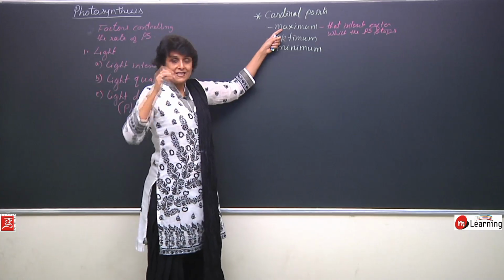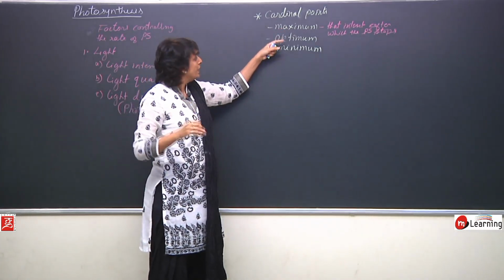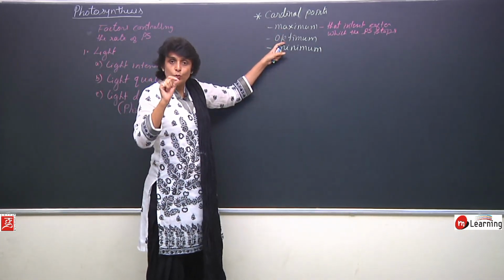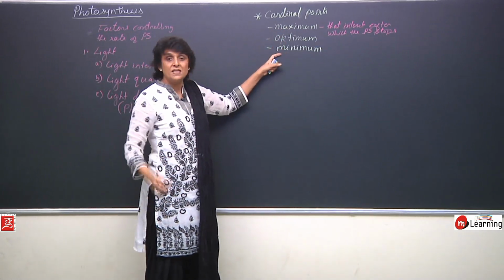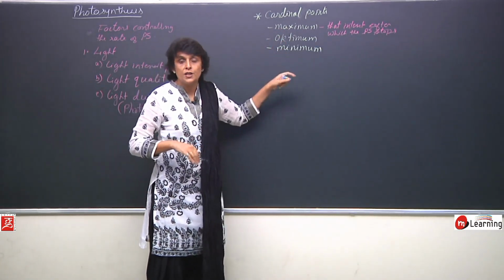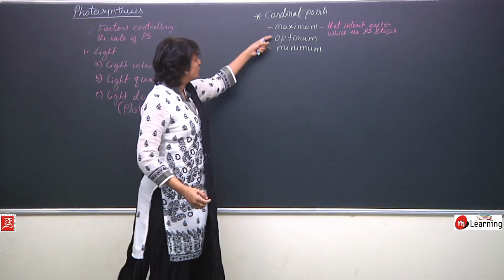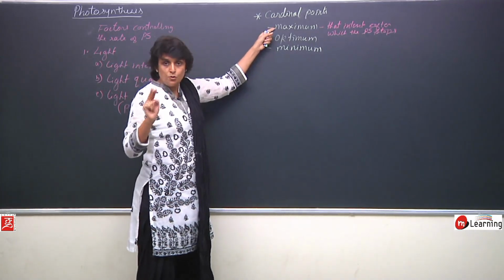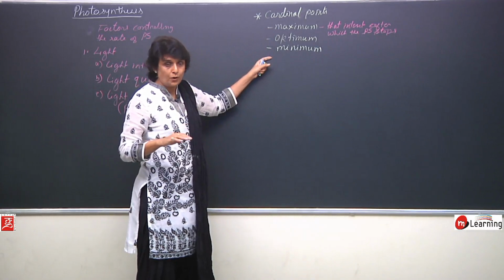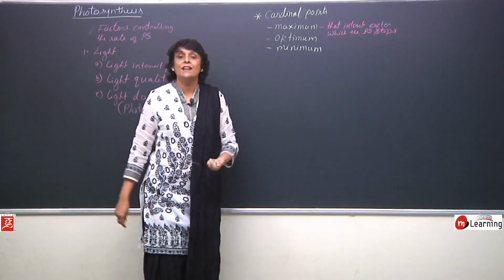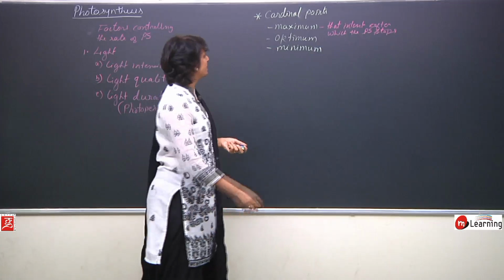So maximum is that higher value, optimum is that value where it is maximum, minimum is that lower value beyond which the process stops. So beyond maximum, no process, below minimum, no process, and optimum is that where the process is maximum.